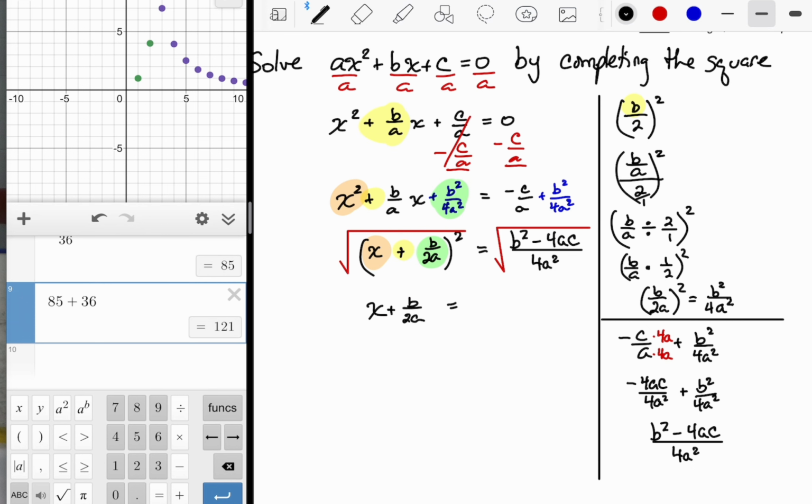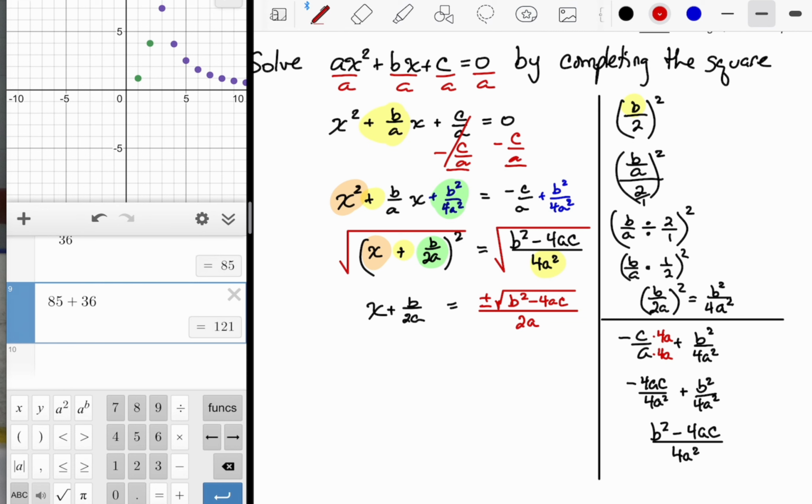On the right-hand side, we're taking the square root of a fraction, so you could take the square root of the top and the bottom separately. Plus or minus on the top, the square root of b squared minus 4ac, because we can't get rid of that. That's not a perfect square, but on the bottom, 4a squared is perfect. The square root of 4 is 2. The square root of a squared is a. Then it's just a matter of subtracting off the b over 2a.